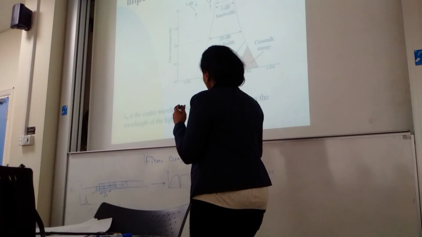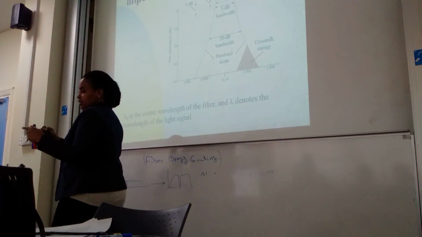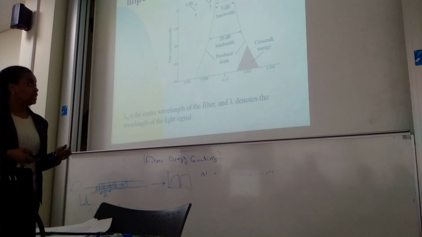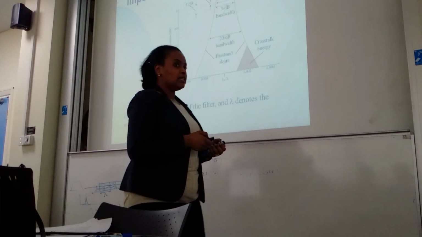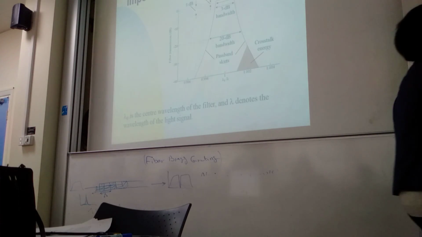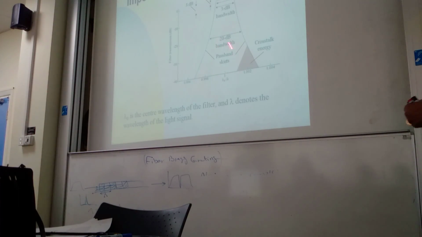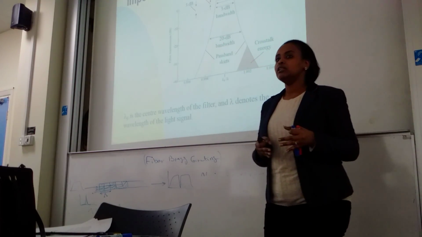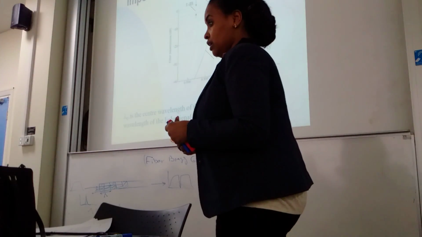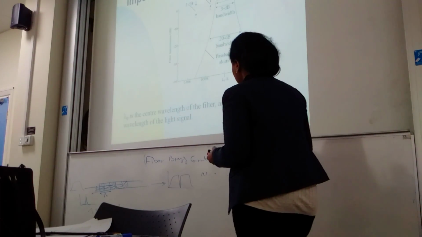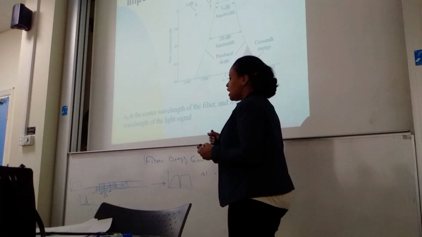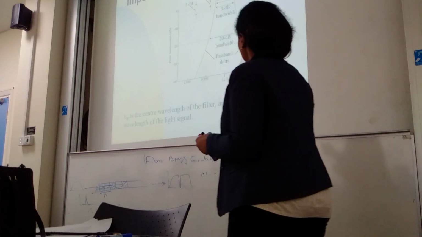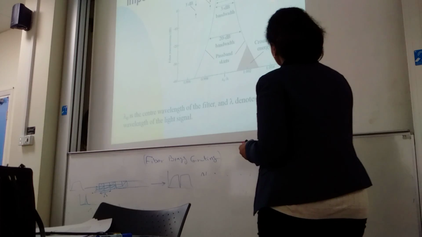Over the temperatures that the filter can work over, which is up to 100 degrees, let's say, we want the shift in the wavelength as a result of an increase in the temperature to be smaller than the spacing between WDM wavelengths. As the temperature increases, this wavelength will slightly shift. We need to make sure that this shift is smaller than the spacing between channels.